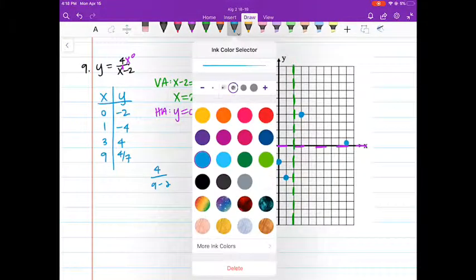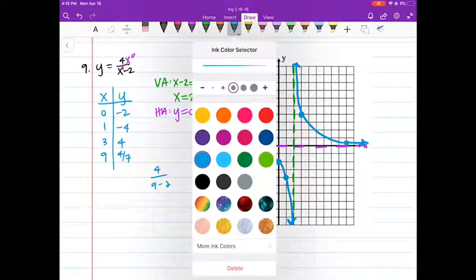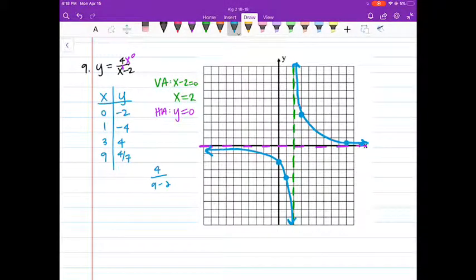So I connect these points with some branches, drawing in the only shape that makes sense, remembering that my asymptotes guide my graph. Make sure that I can tell that your lines approach your horizontal asymptote, they don't cross them, and they don't bounce back from them. Now, as we think about how this graph has changed, we notice the 4 on top, that's like an A value.